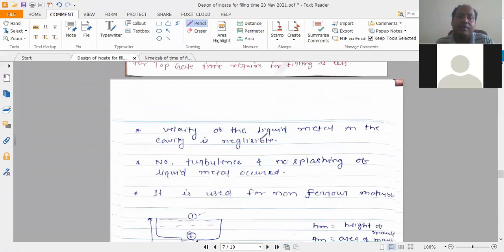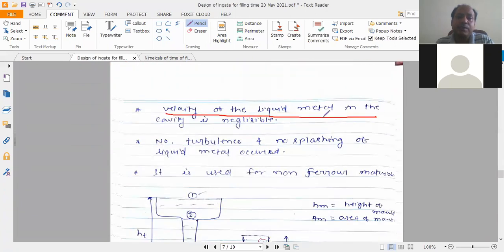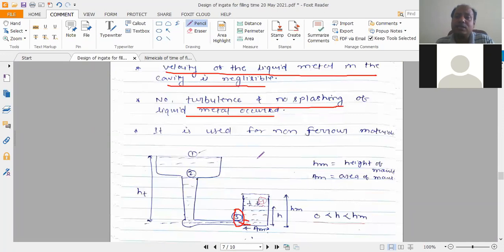Here we have written that the velocity of the liquid metal in the cavity is negligible, so no turbulence and no splashing will occur. So the time requirement is higher.